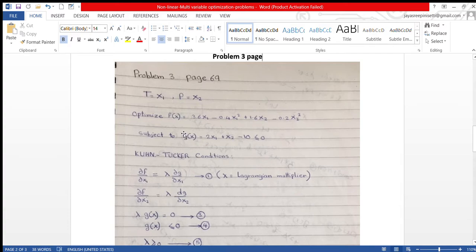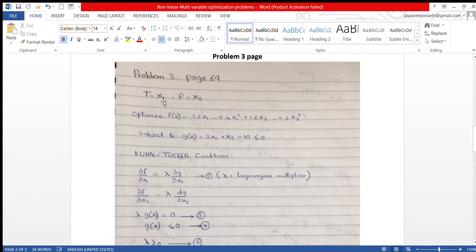So what is the function to be optimized? We have to optimize this one. Here we assume T is x1 for ease, and P is x2, temperature and pressure. What is the constraint? 2T plus P is less than or equal to 10, so bring 10 to this side.